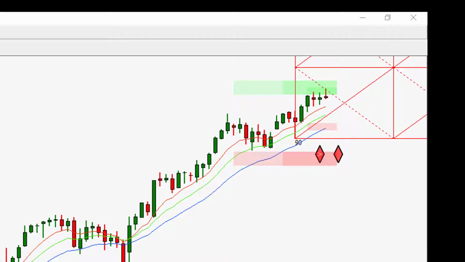This represents week ending June 23rd, which happens to be tomorrow's date because tomorrow is Friday. So this price bar here is currently made up of Monday to Thursday. So it has one more day to completely form before we move on to the next weekly price bar.